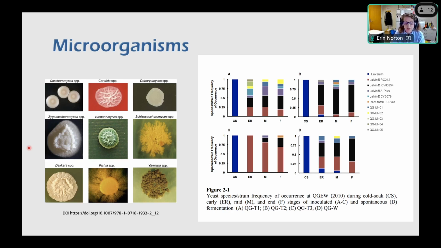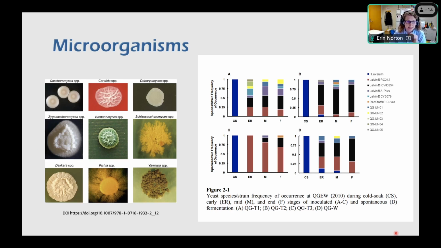The microorganisms that we see growing or surviving, let's say, in juice and wine are not pathogens. They're not going to hurt us. They may do some damage to the wines and make the wines not very pleasant, but they're not going to hurt us.